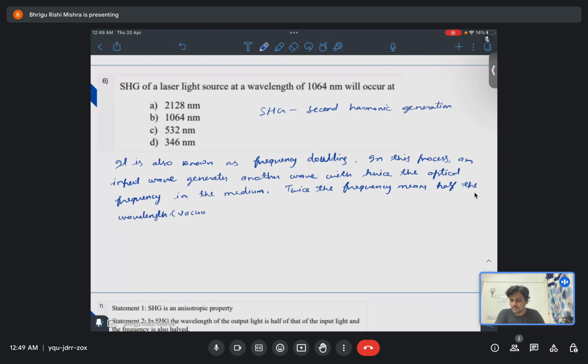So suppose I have a non-linear crystal here. It only happens in non-linear crystals, this second harmonic generation.